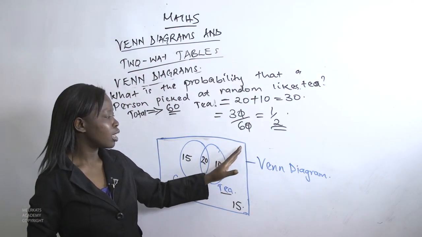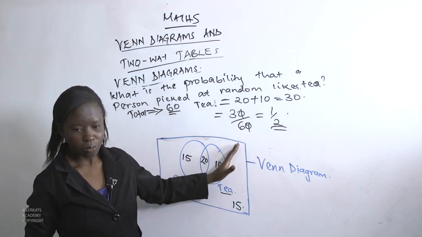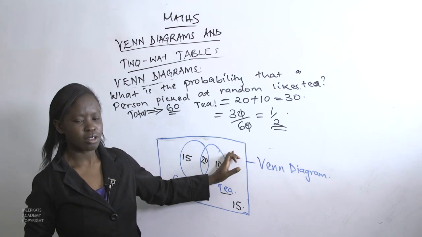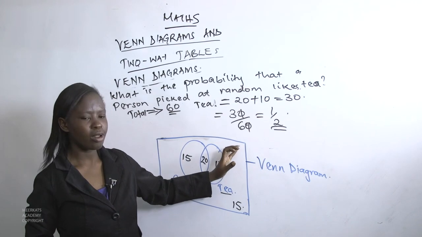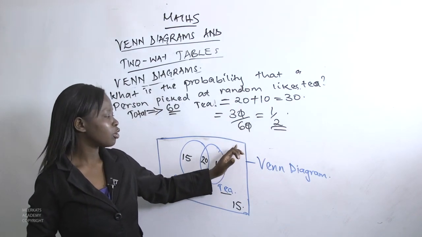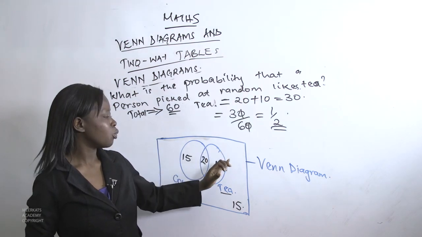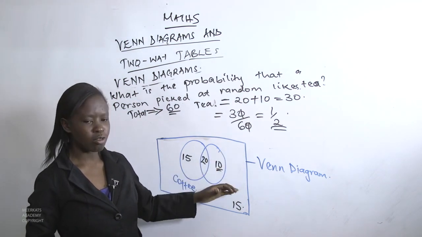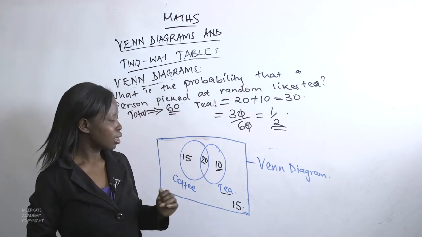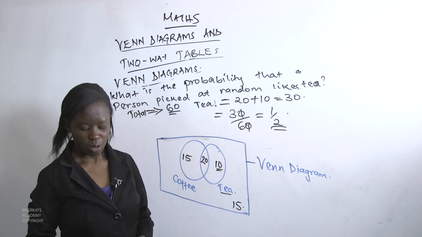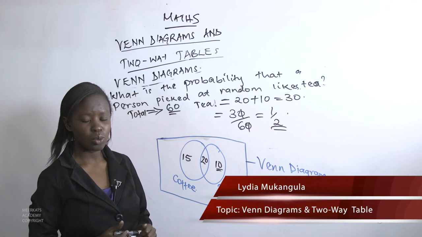So it is good, after collecting two or more outcomes in a given situation, to represent your data on a two-way table or a Venn diagram. Then you will be able to solve the various probabilities in that situation. So that is all to do with the Venn diagram and the two-way table.